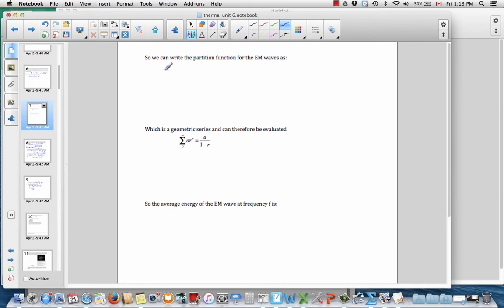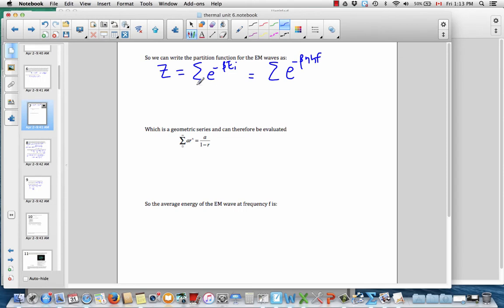Now, we are dealing with waves, electromagnetic waves, and so all traveling waves can be written in this form. And so we want to find the partition function for this electromagnetic radiation inside this cavity. We saw that that partition function is the sum over all states of this exponential term. And for our electromagnetic waves, due to the quantization hypothesis, the energy is nhf.